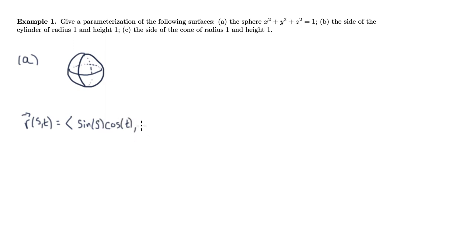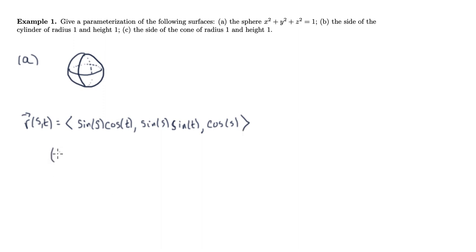And then for y, we have sine of s, or sine of phi, really, and then sine of t. And then for z, we just have cosine of s, like that. So that's the parameterization.